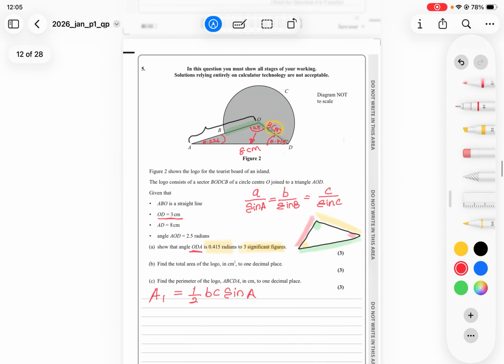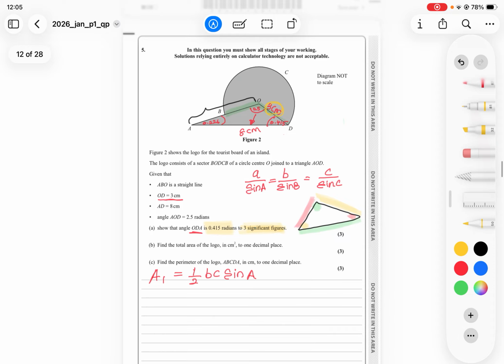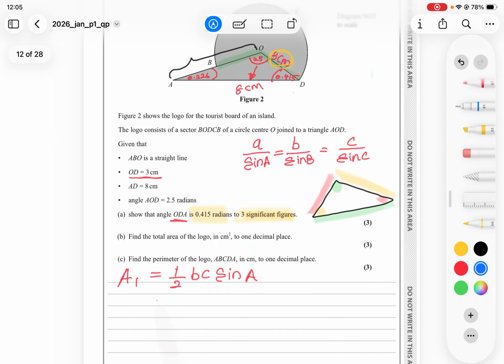Here we have two sides, which are this and this, and we also know the angle here. So these are the pieces of information we can use. Once we use them, we can do half times 3 times 8 times sine 0.415.